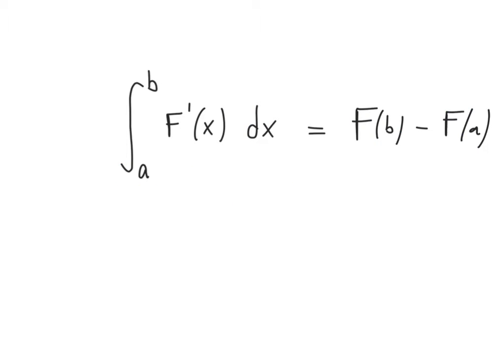So here's the statement of the fundamental theorem of calculus as a formula. Suppose we have a function f whose derivative exists, f prime, and we also need to assume that f prime is continuous, which is mostly the case in our applications, so we don't have to worry too much about it, but it needs to be said.